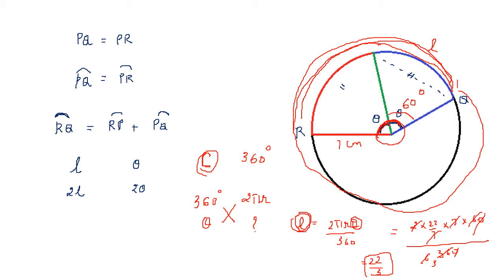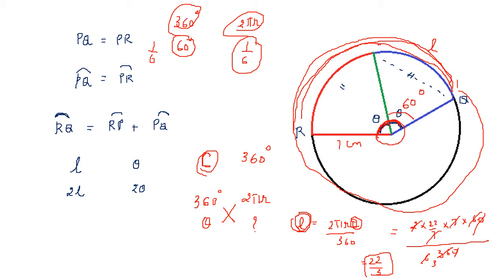Now you can see here 360 degrees gives us 2 pi r, the whole circumference. 60 degrees is 1/6 of 360, so the length of the arc will become 1/6 of the circumference. As you keep on changing the degree, the length of the arc will also change.